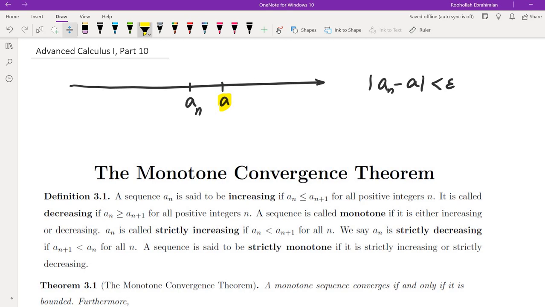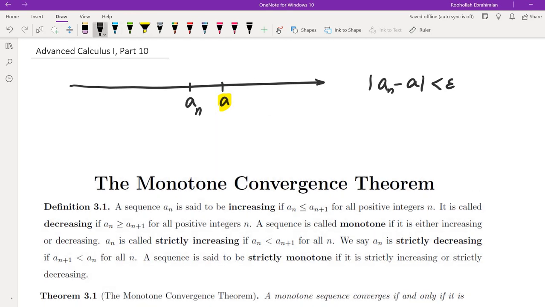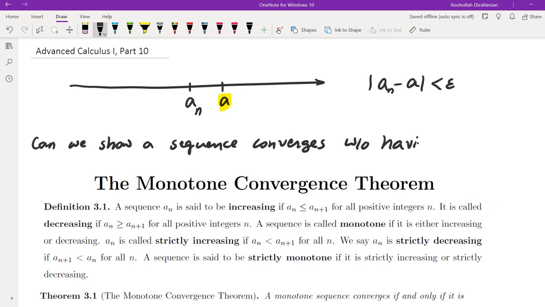So the question is, can we find a way to prove a sequence converges? Can we show a sequence converges without having to find its limit?